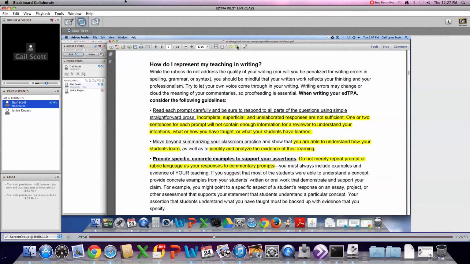You are not to just use rubric language. You may be smacking your forehead going, well, duh, and yet I have graduate level students do this all the time. And the real problem are the students who just repeat the prompt and never answer the question. They just say the prompt over again.